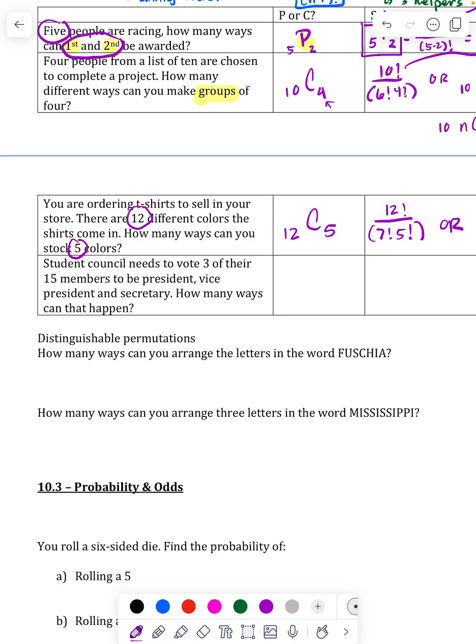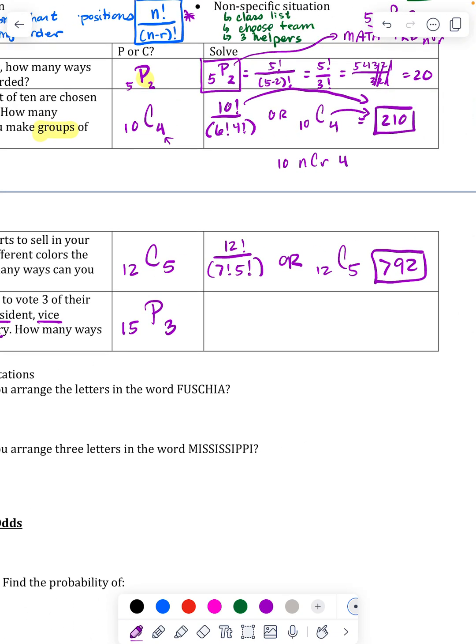Student council needs to vote 3 of their 15 members to be president, vice president, secretary. Okay, so I'm specifically placing them into those jobs. So of the 15 people, I'm placing 3 of them. That's a permutation. So in my permutation formula, I'll have the 15 over the 15 minus 3.